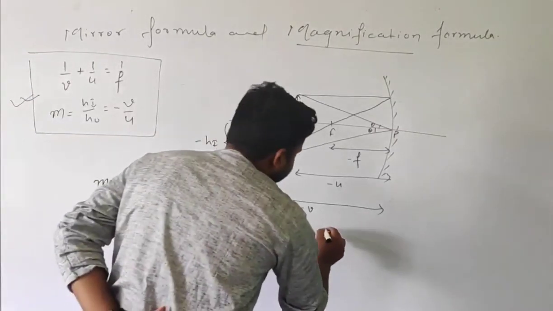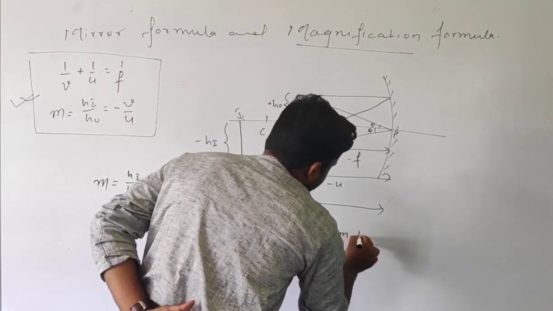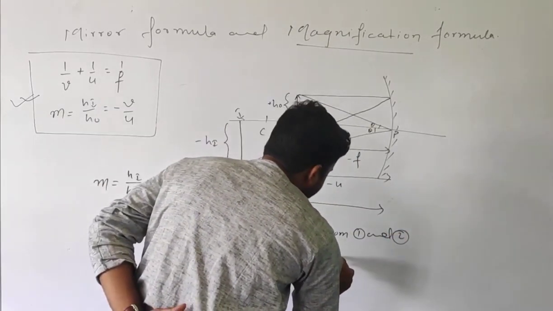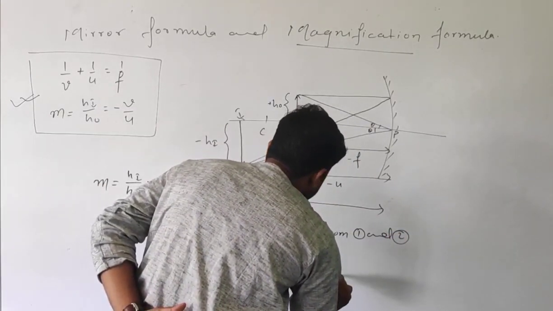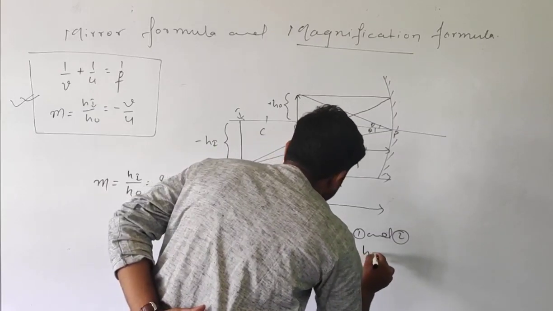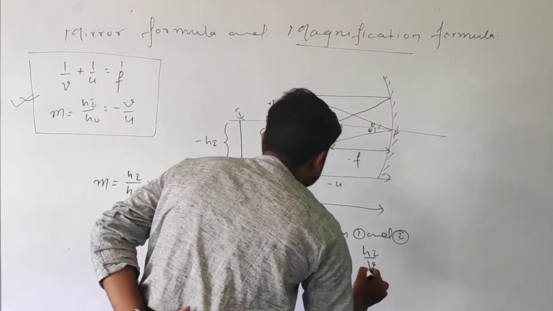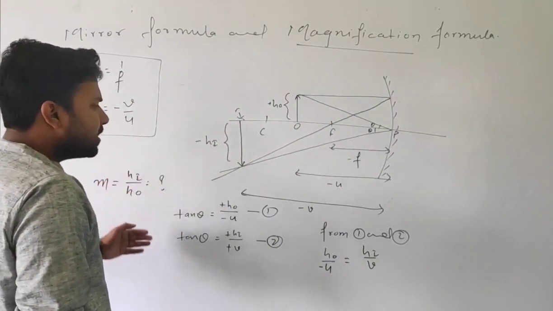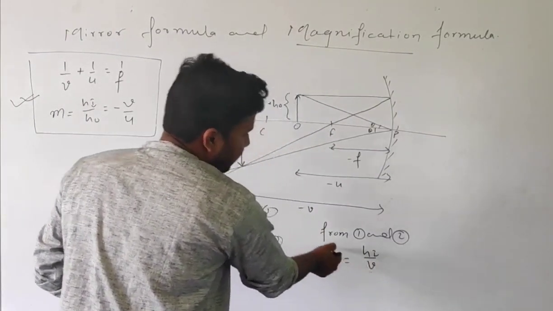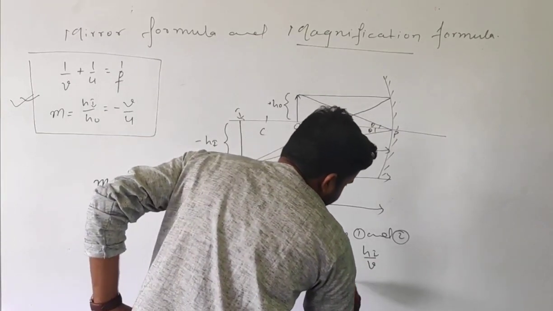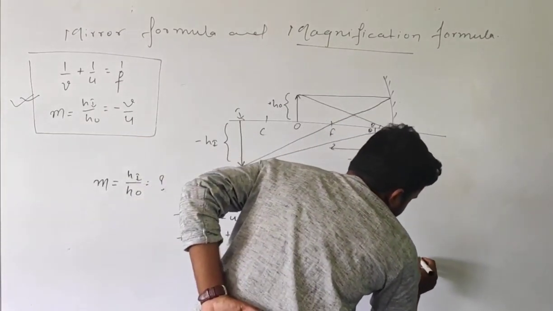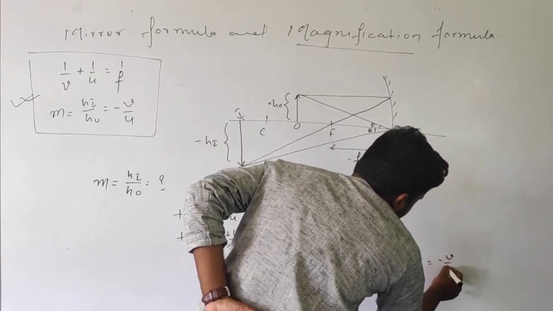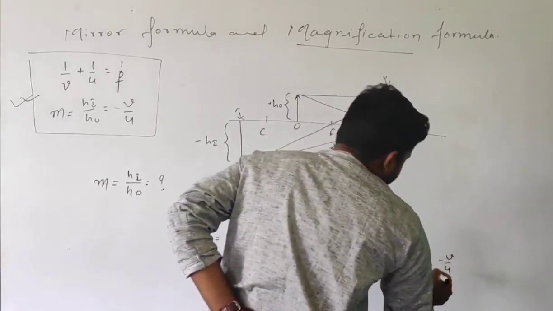So from the first and second equations, h naught divided by minus u equals hi divided by v. But what we need is hi by h naught, so we take this one this side and this one that side. We get hi by h naught equal to minus v by u, and this is the magnification formula.